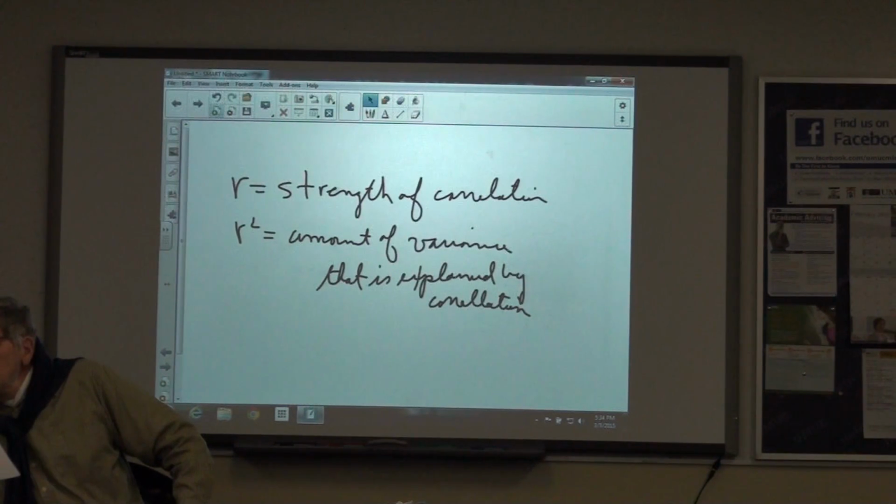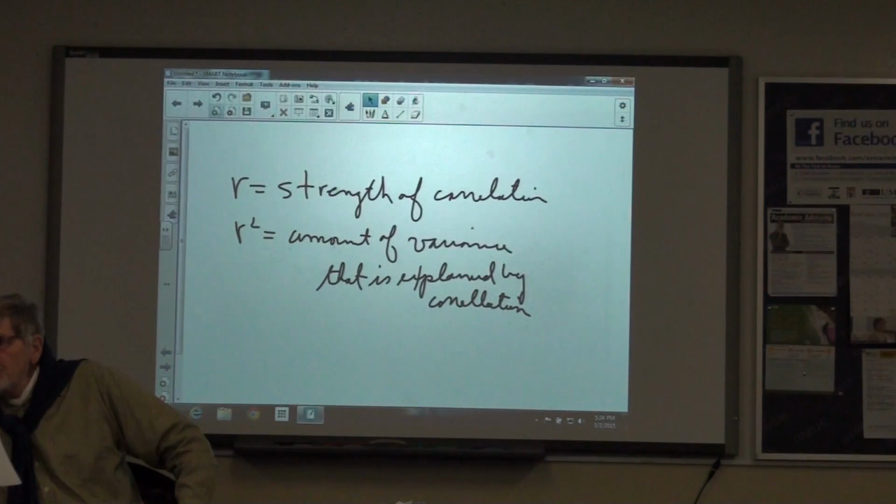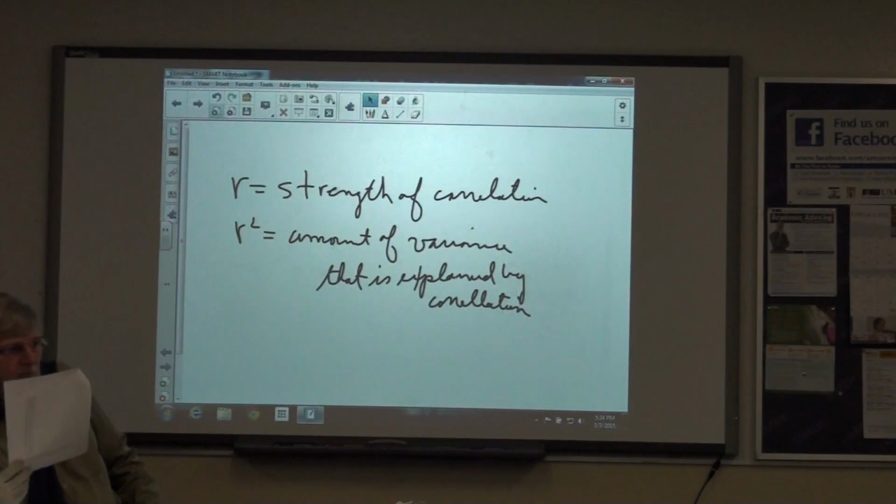That's right. R squared is the amount of explained correlation, isn't it? So if R is 0.8, what is R squared? Nux already knows. What's 0.8 squared? 0.64, all in favor?